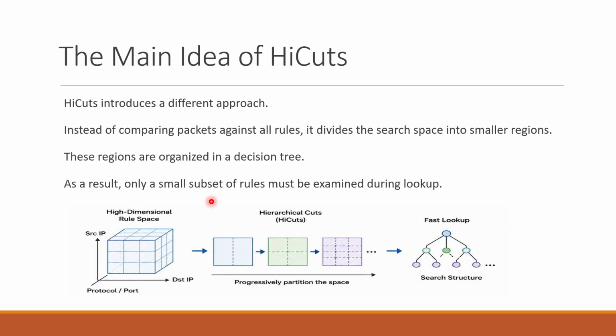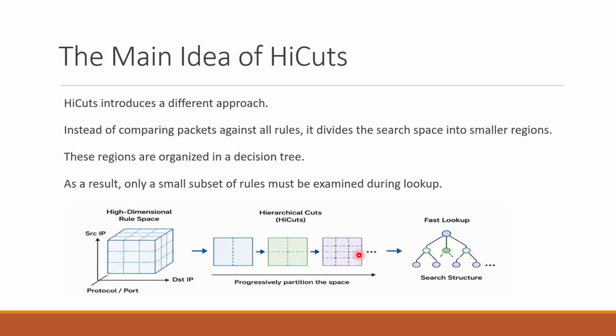Now, we should understand the idea of the classification. The main idea of HiCuts is to avoid checking all rules for every packet. Instead, HiCuts divides the search space into smaller areas. These areas are arranged in a hierarchical decision tree.